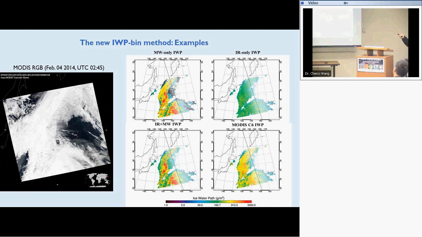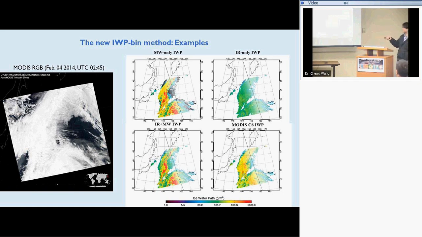You see that for thin cirrus clouds in this region, it has performed quite well, but it starts to saturate around IWP close to 200 or 300 grams per square meter. And this one is the standard MODIS collection 6 retrieval. It has some good retrieval for thin clouds, but for deep convection, it still saturates.